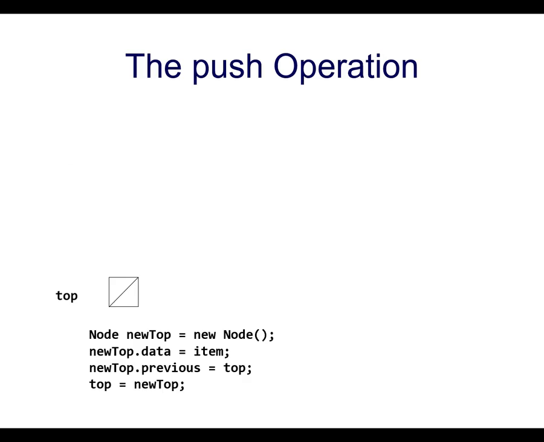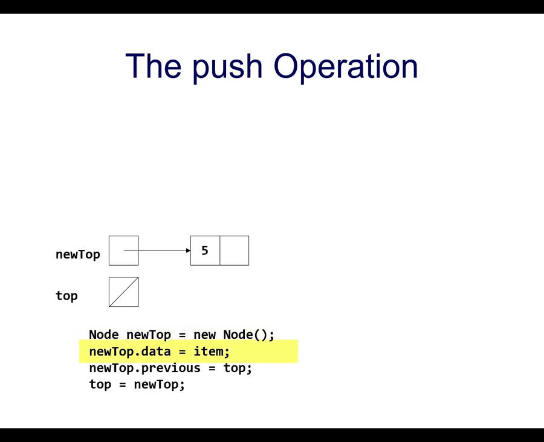Next, we illustrate how a singly linked list is constructed when the push method is called. Initially, the reference top is null, which we illustrated by the diagonal line. The first step is to allocate a new node and save its reference in the local variable newTop.